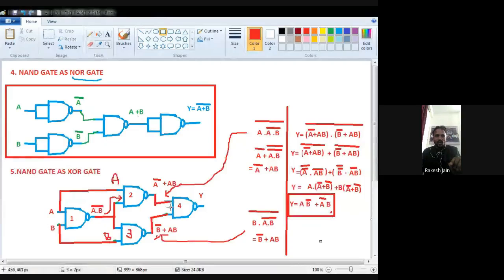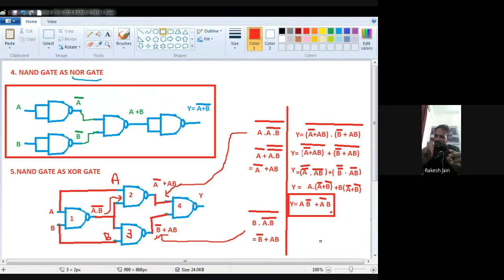So we see that with the help of 4 NAND gates, connected in this combination, we can convert NAND gate circuitry into an XOR gate, because the output y is equal to A B bar plus A bar B, and that is actually the equation of the XOR gate. So now we have realized the XOR gate with the help of NAND gates.